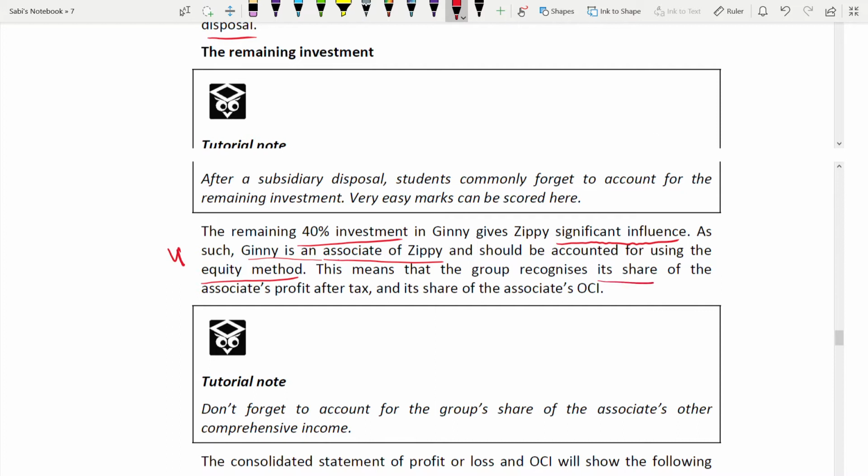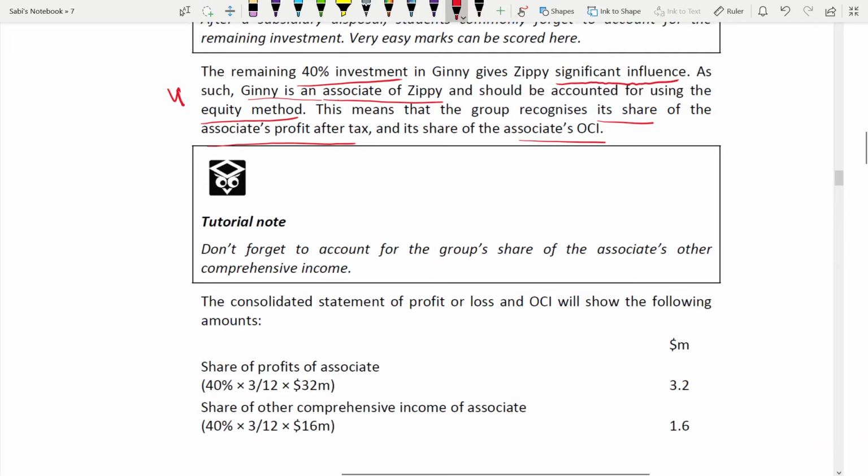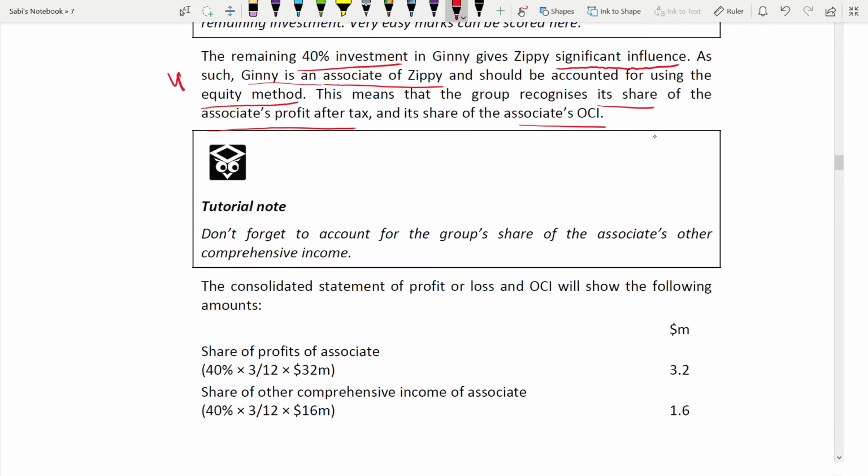Now, don't forget to account for the group share of the associate's OCI. Because most of the time people take the group's share of profit for the associate, but they forget to take the OCI. Please don't forget to take the OCI. If you are taking the profit, you have to take the OCI also.